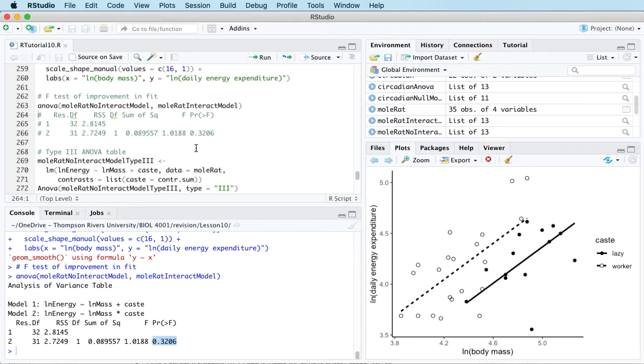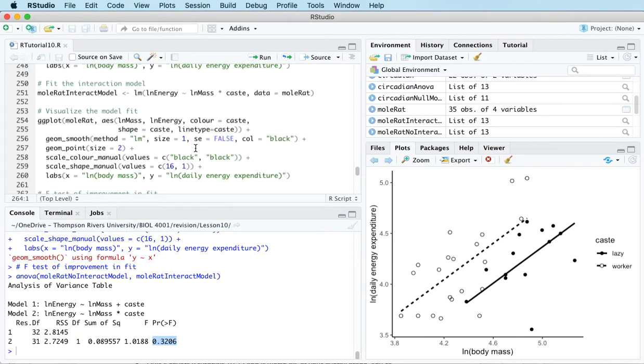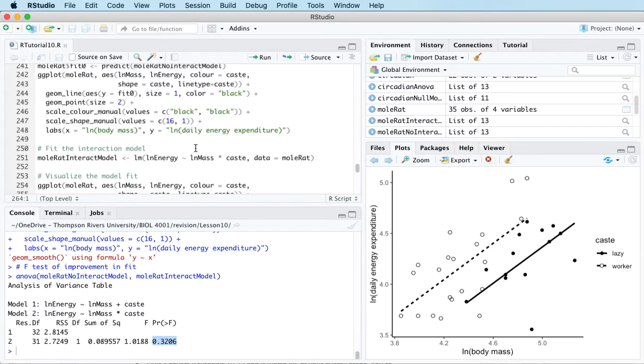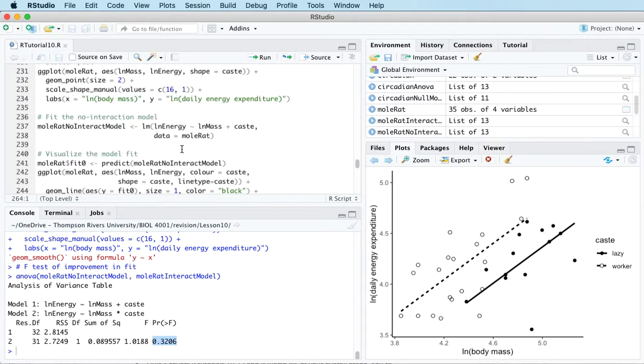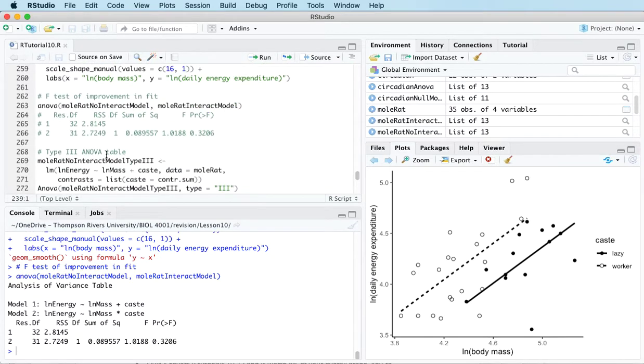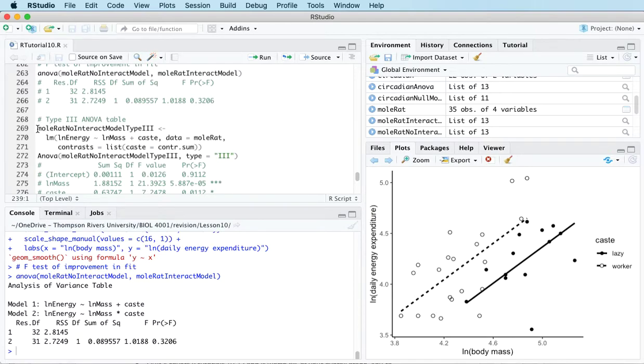Okay, so what happens if it turns out that the data are telling you that this model is sufficient? So what we want to do now is to test the main effects.